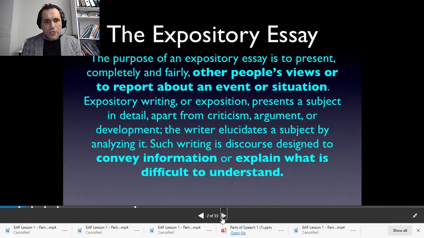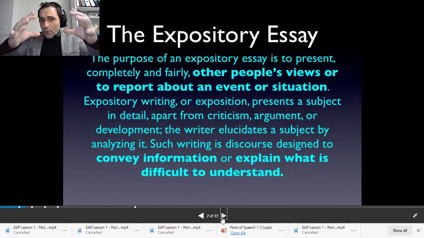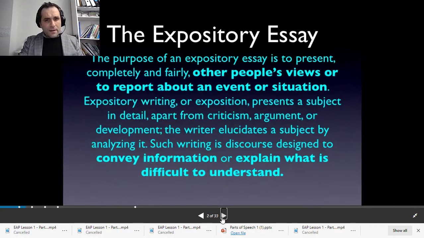So your job is to shed light, put the light on the topic, and show everybody what information is important about this topic. And you have to show the arguments about those facts. So the first thing you need to do is read a lot about the topic so you can gather a lot of facts and information about it.